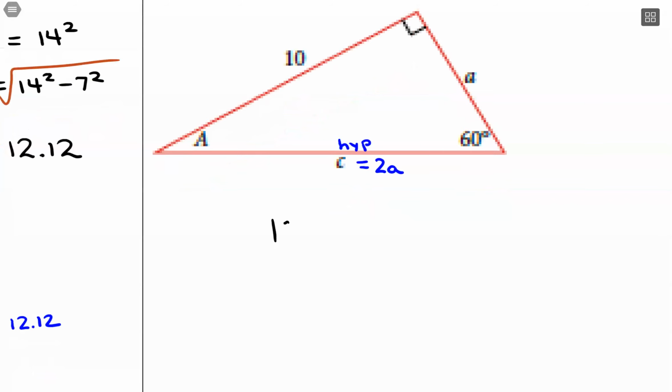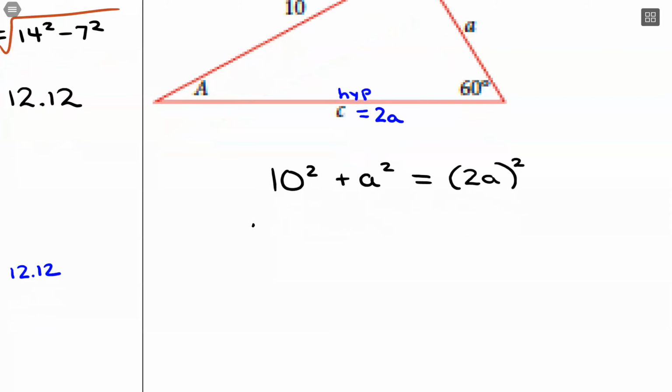So that means that 10 squared plus A squared is equal to our hypotenuse squared. So we're going to have that as 2A instead of C because we don't want to introduce another unknown variable, and that'll be squared. So 100 plus A squared equals 4A squared.